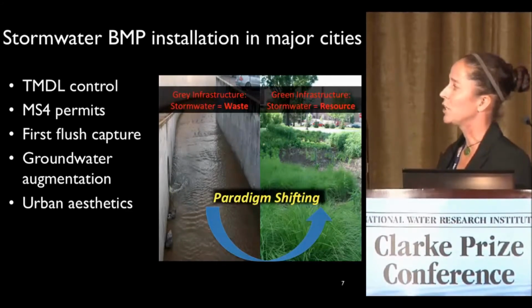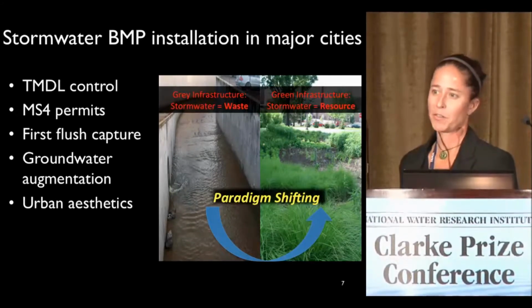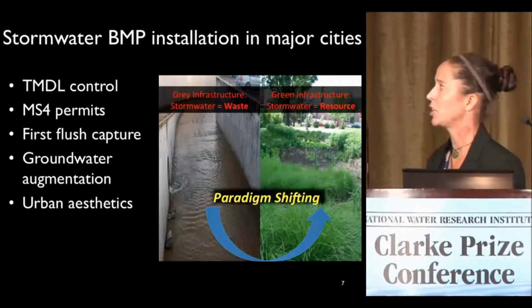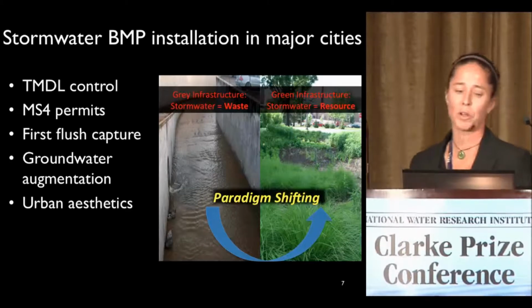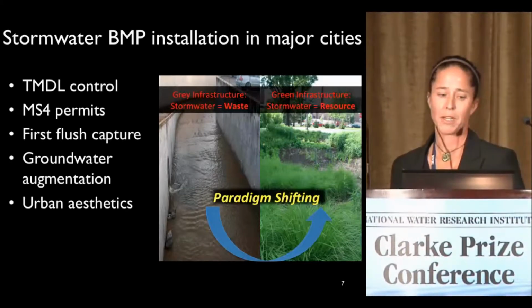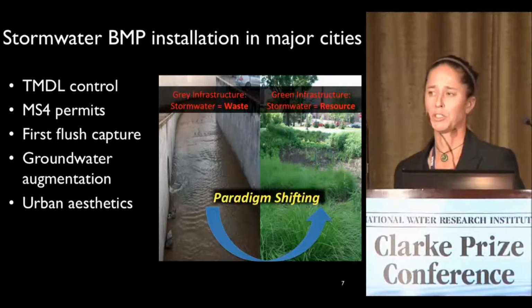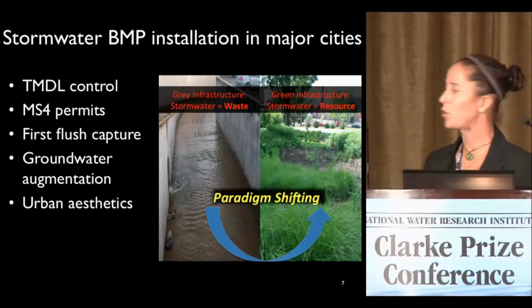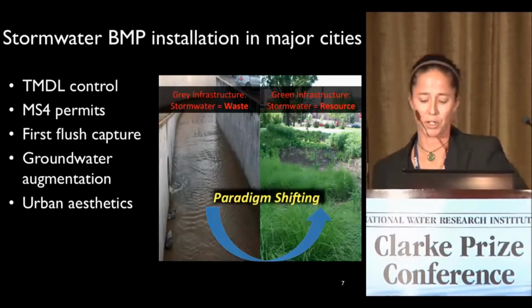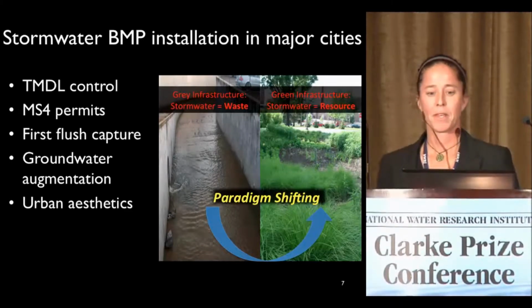So communities can really get behind this greening of the stormwater infrastructure, and it can also be potentially useful for TMDL control, MS4 permitting, capturing the first flush, all with the goal of reducing contaminants as well as augmenting groundwater. And of course, the urban aesthetics is very important as well.